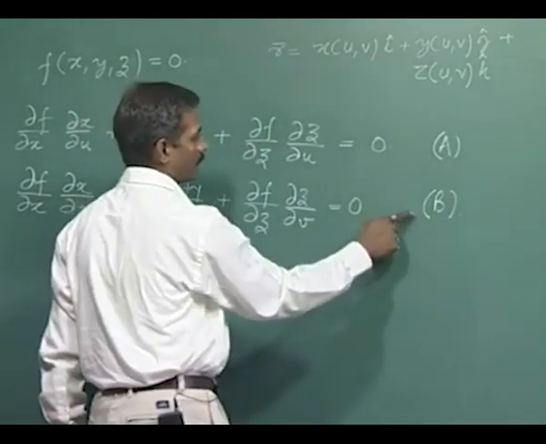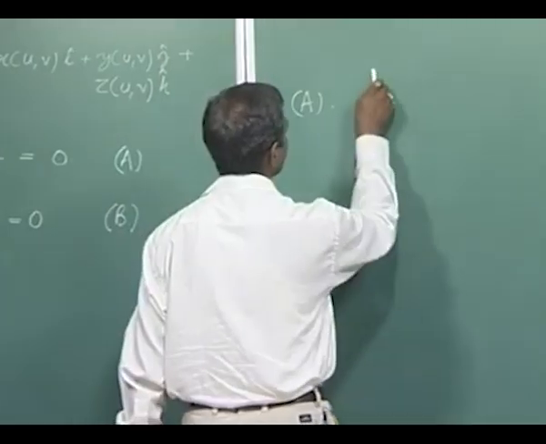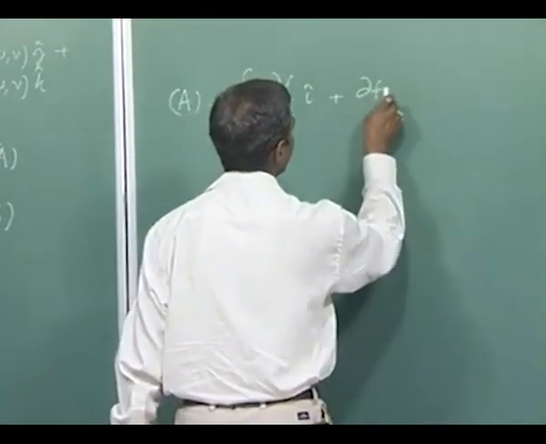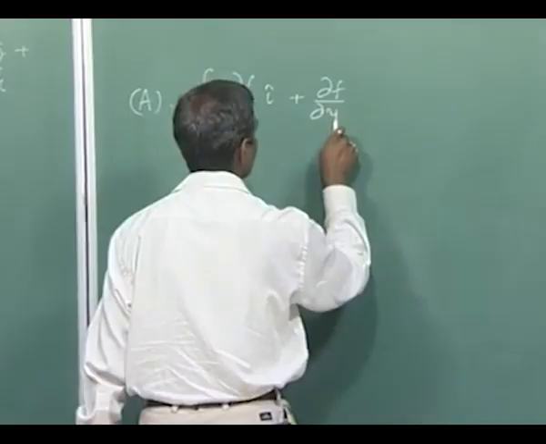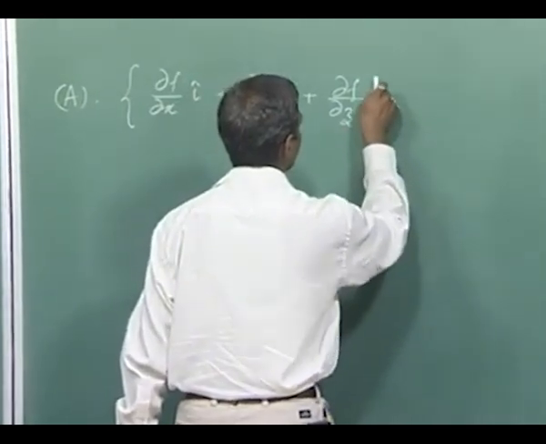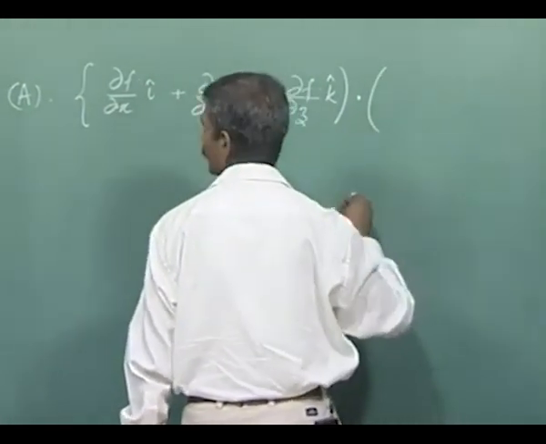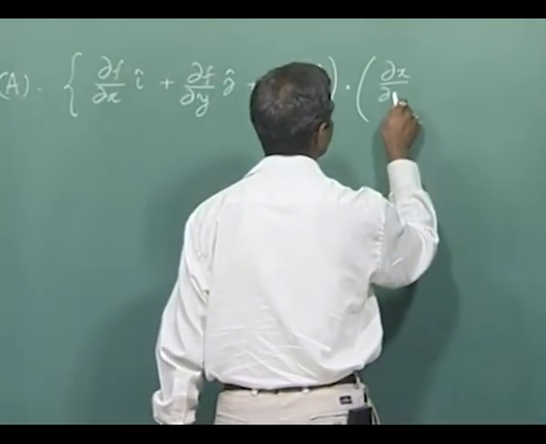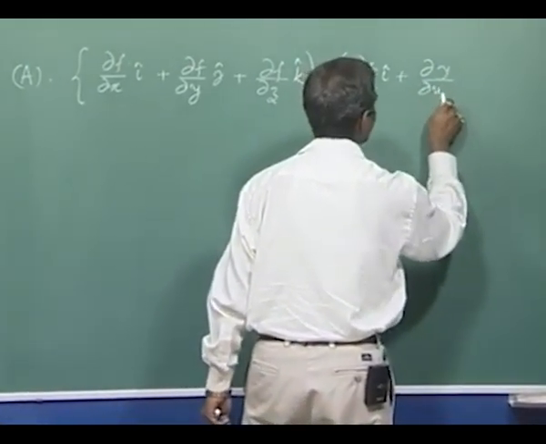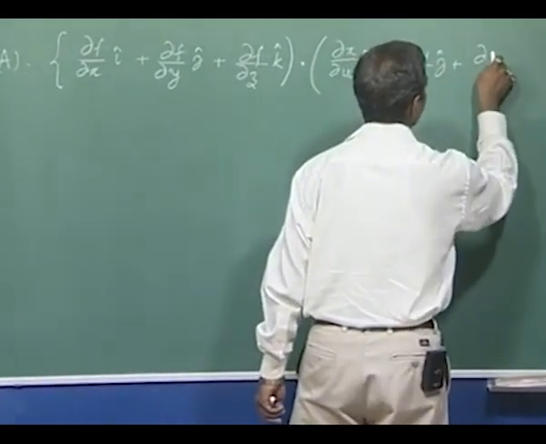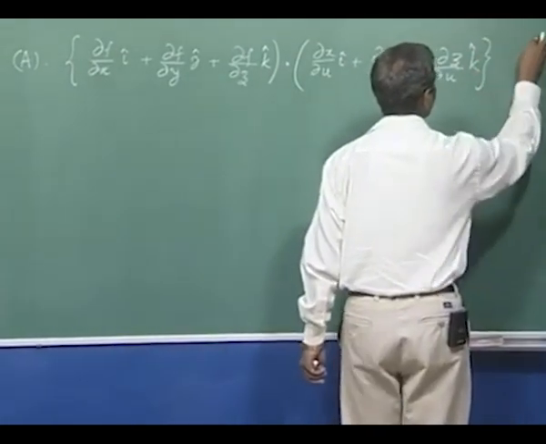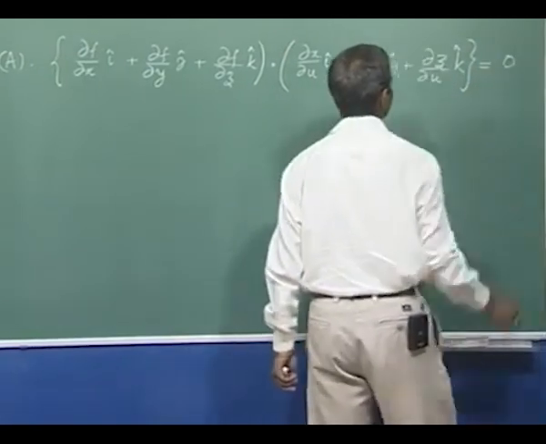So these are equations A and B. I can write equation A as partial f over partial x i plus partial f over partial y unit vector j plus partial f over partial z unit vector k dotted with partial x over partial u i plus partial y over partial u j plus partial z over partial u unit vector k. And this is equal to 0.